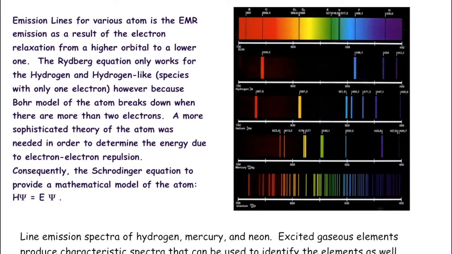But the hydrogen atom is easy to explain. You can calculate the energy when there's one electron in an atom. But once you get more than one, this model becomes complicated. The energies of these electrons are difficult to calculate, and so they had to go to a different type of theory to try to explain the nature of the electron.